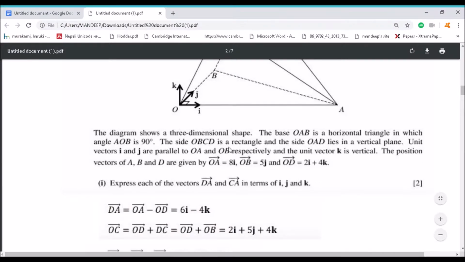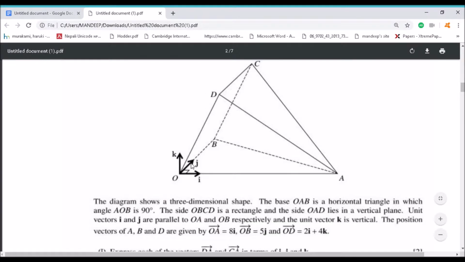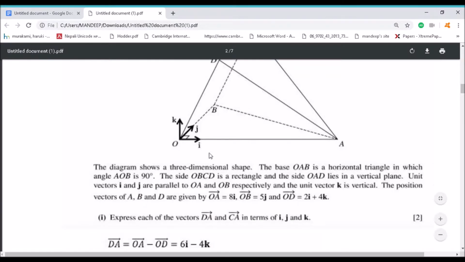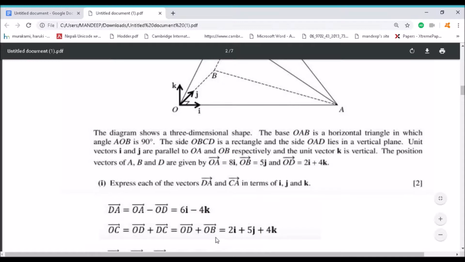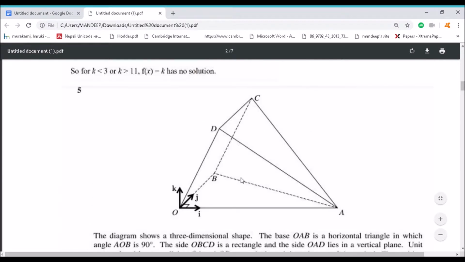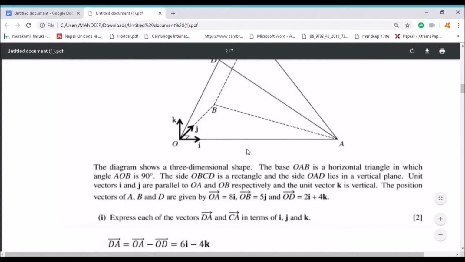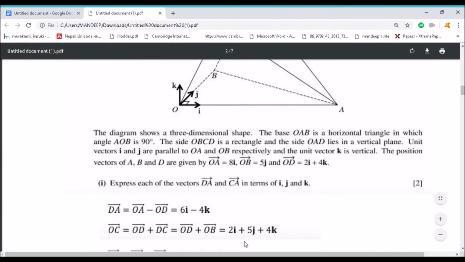OD is 2i plus 4k plus DC. DC is the same as OB. It has the same direction, and it's a rectangle, so two opposite sides are equal. So OB equals DC, so the value of DC is going to be 5j. So the answer will be 2i plus 5j plus 4k.